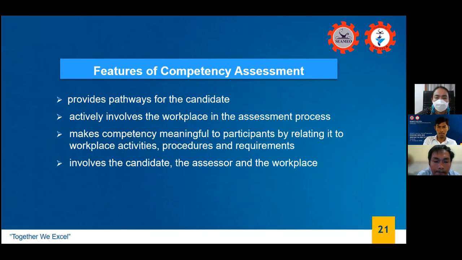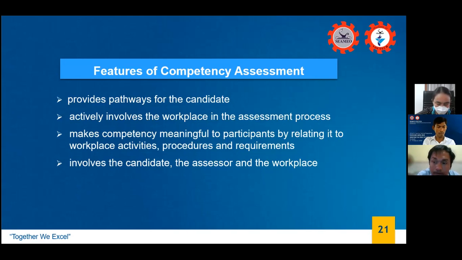What are the specific requirements of any given industry? They are all factored in whenever we have assessment, because what we are after is that when our students finish training with us, they can take up employment.